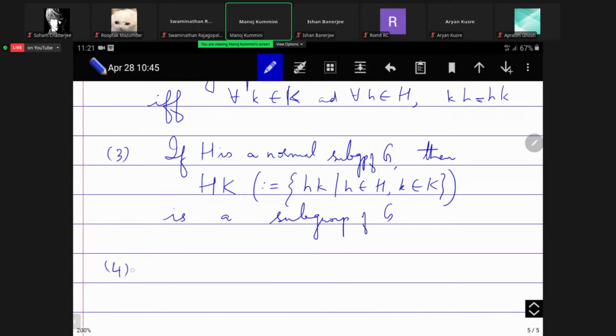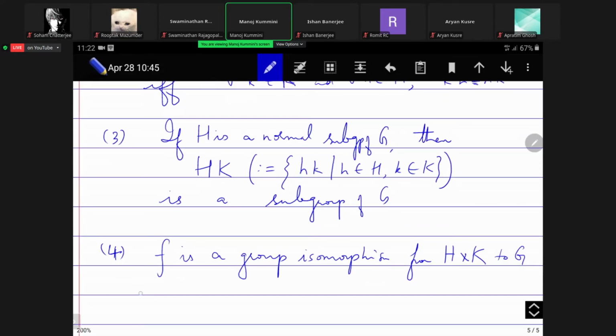And this is what we need to use. f is an isomorphism of groups from the product group to G if and only if, first of all, it has to be injective.